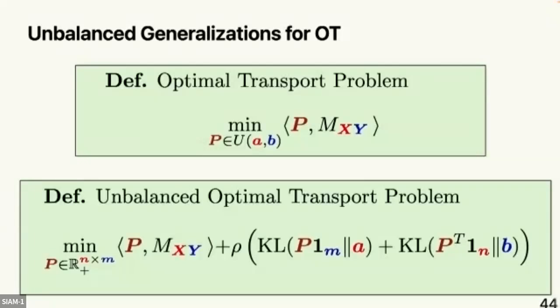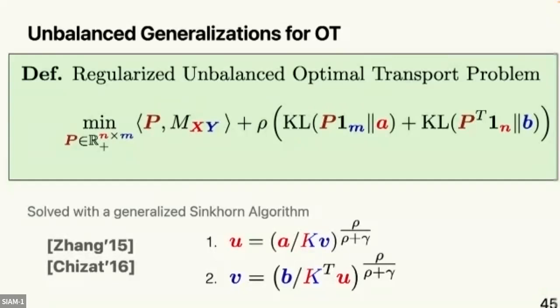Why Kullback-Leibler? In the original formulations, all sorts of penalties have been used, but one of the nice things is that if you add the entropic regularization to this penalized constraint of mass conservation, you have an extremely easy algorithm, which is the Sinkhorn algorithm with a very slight modification.